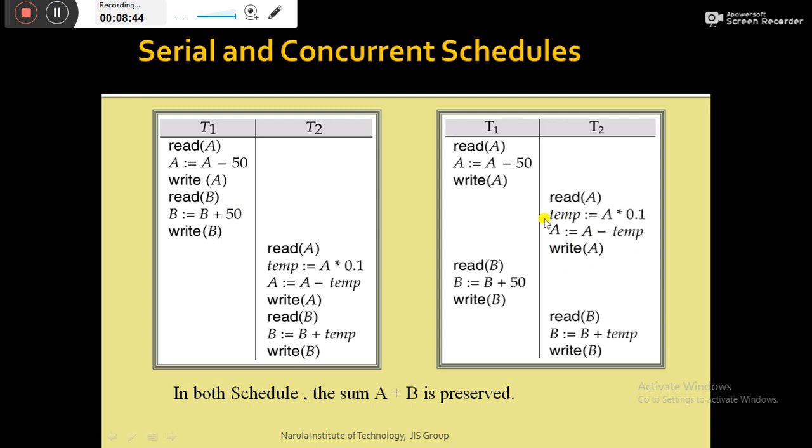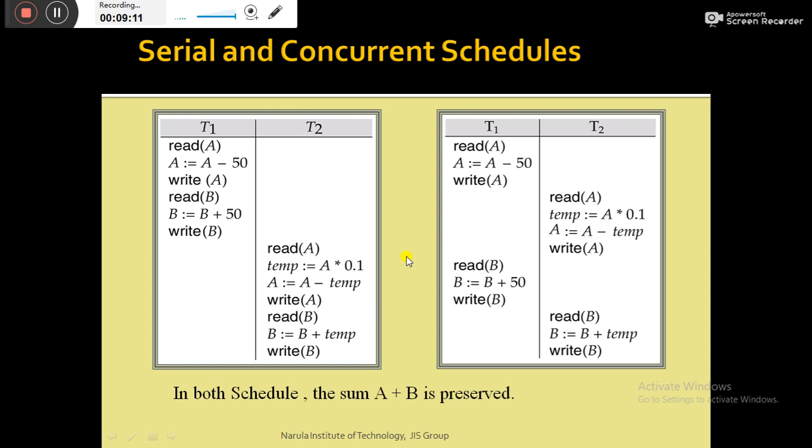This is the one scenario where first instructions of T1 are executed, then 4 instructions from T2 are executed. So for a set of n transactions, here we only have 2 transactions, if there are n number of transactions, then there exist n factorial different valid schedules.